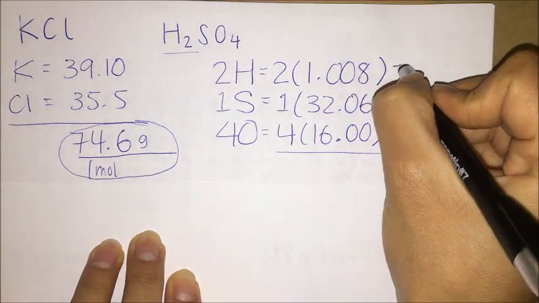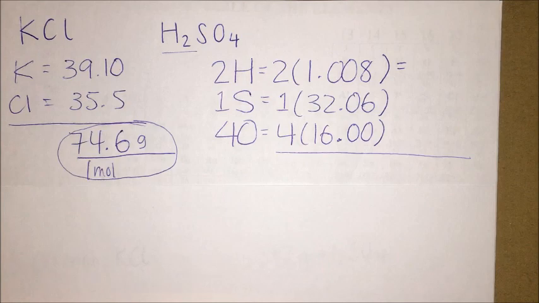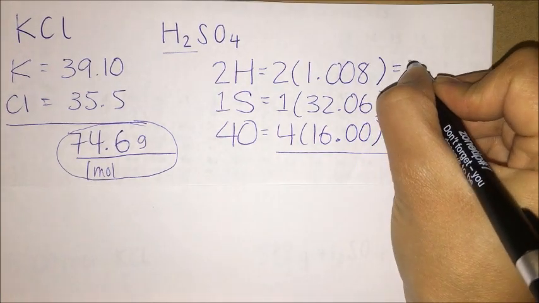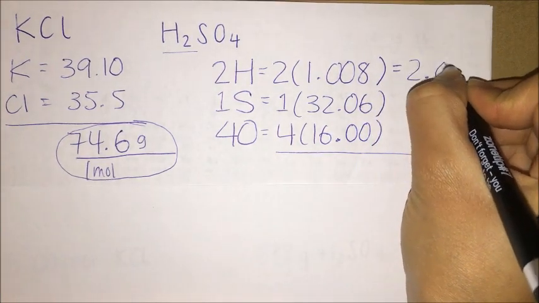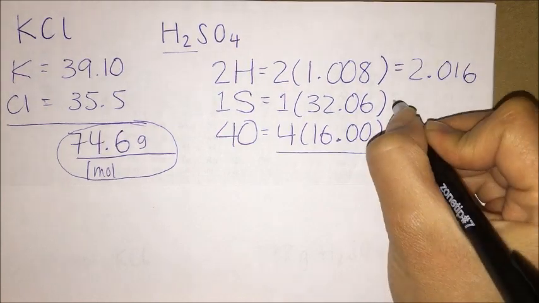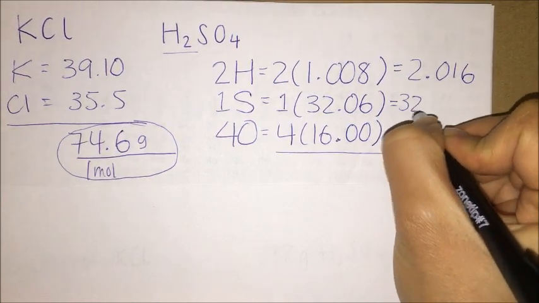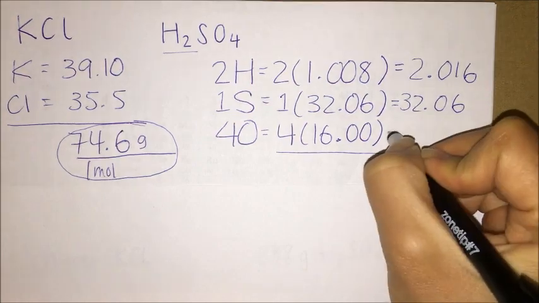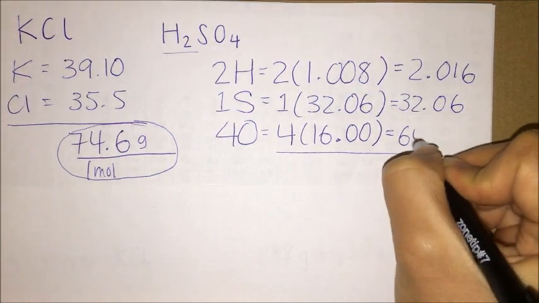Okay. When you multiply them out, you should get 2.016 here, 32.06, and lastly 4 times 16 is 64.